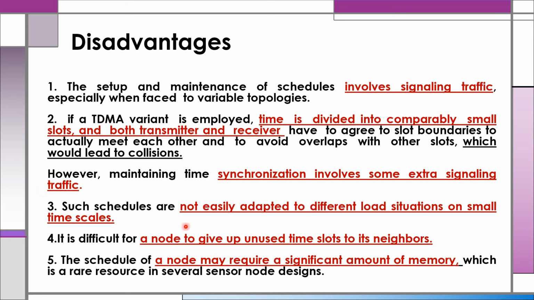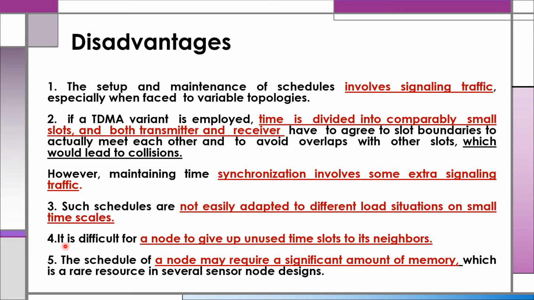Such schedules are not easily adapted to a different load situation on small time slots. The time slot period is not varied based on load availability. Here we allot equal time slots instead of measuring the load or data availability in that node.